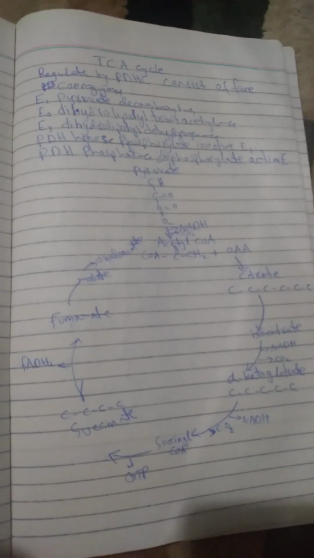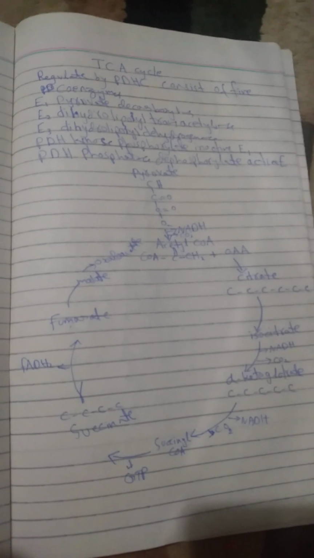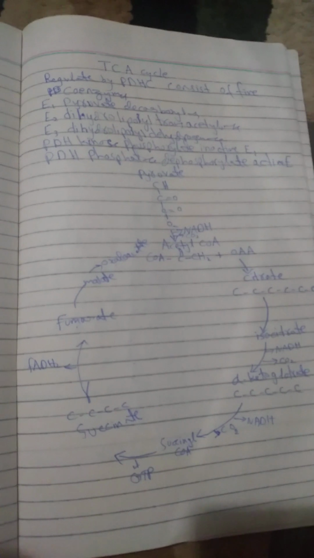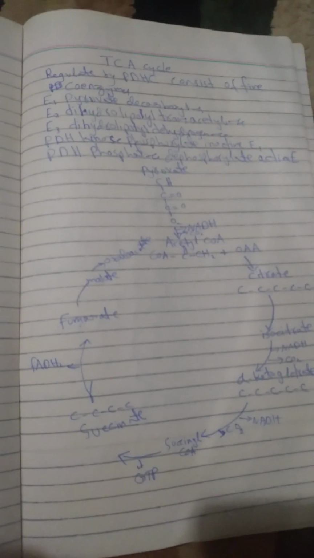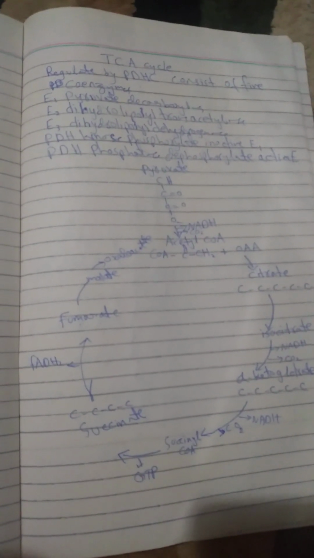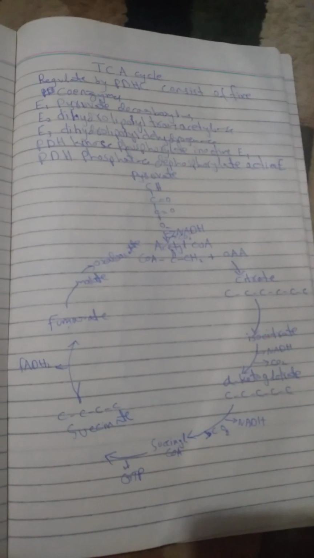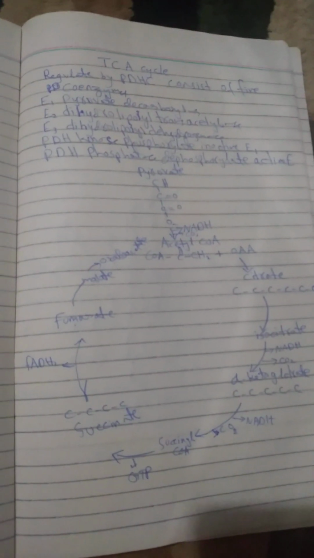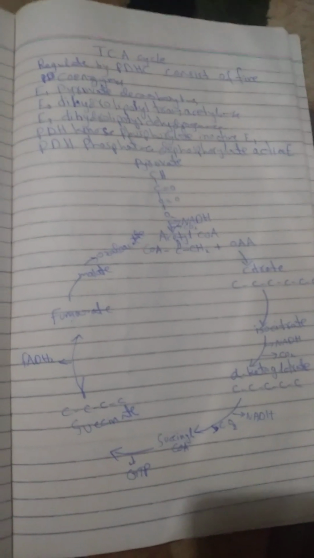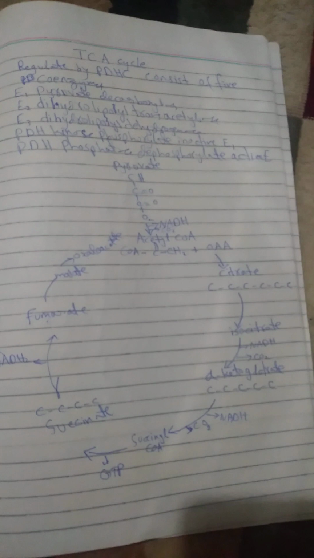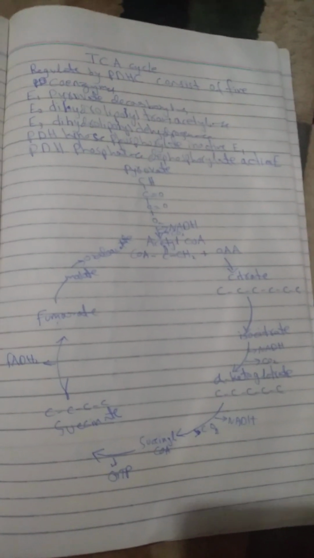Then acetyl CoA combines with oxaloacetate, which is a 4 carbon compound, to form citrate, which is a 6 carbon compound.